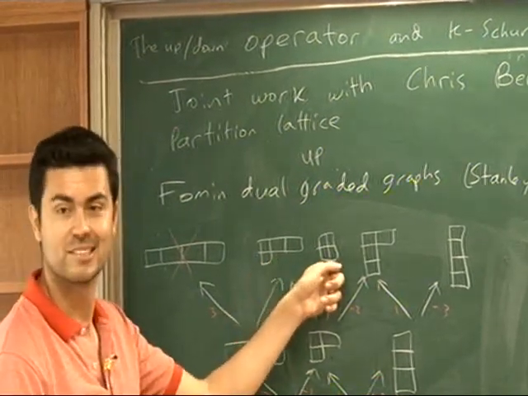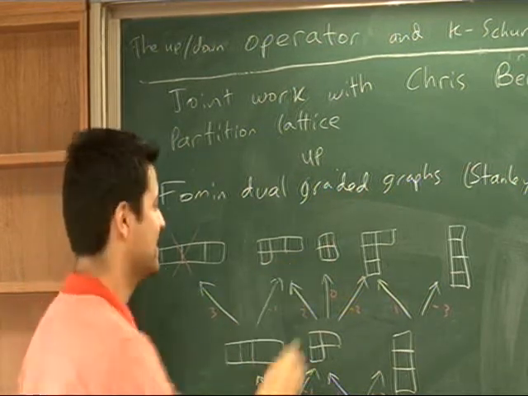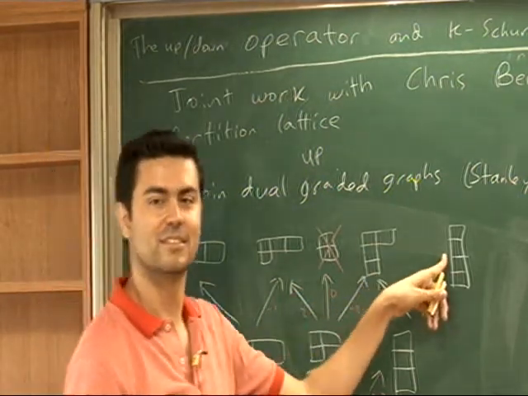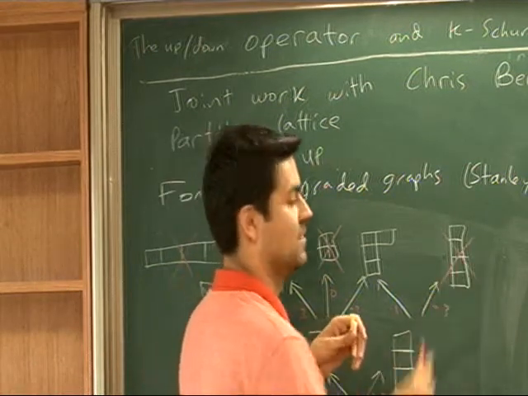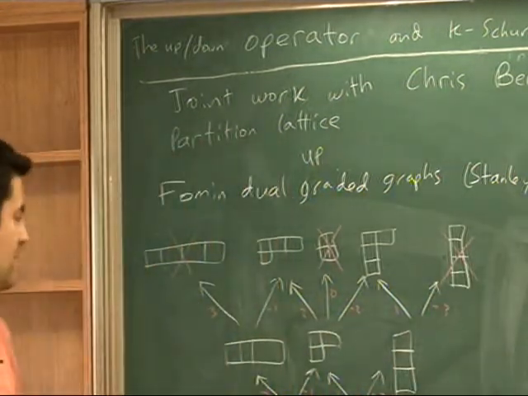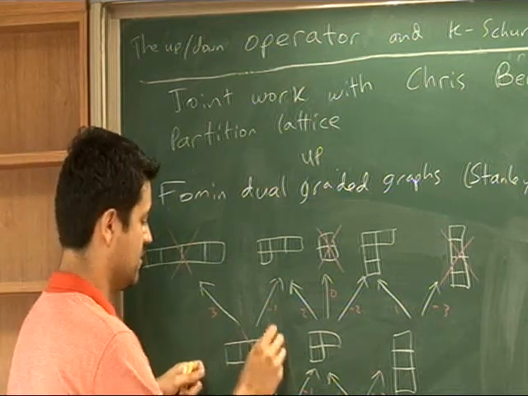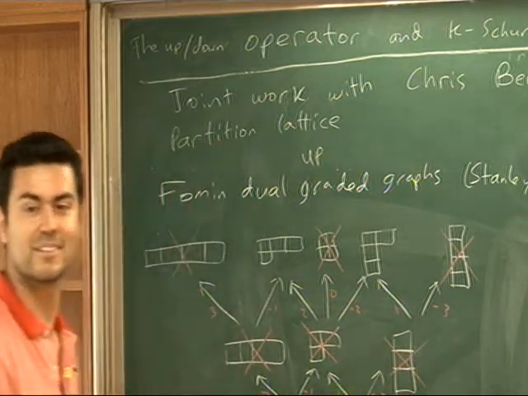This one has 1, 2, 3, so no good. This one has this 3 hook, right? What about this one? That's not a 3 core. Not a 3 core. Not a 3 core.